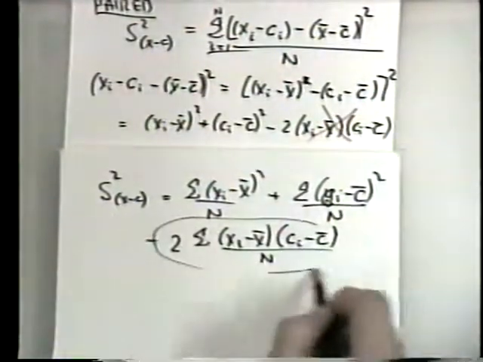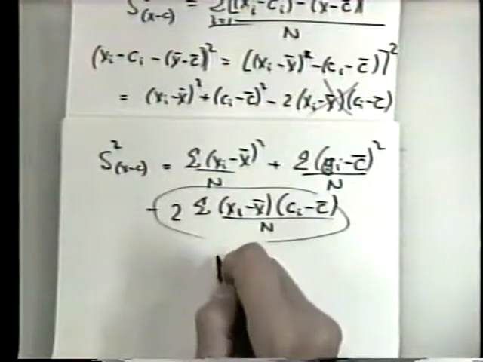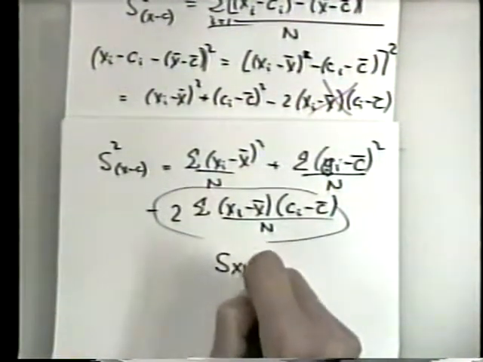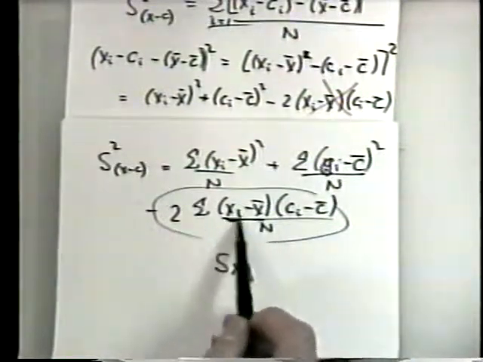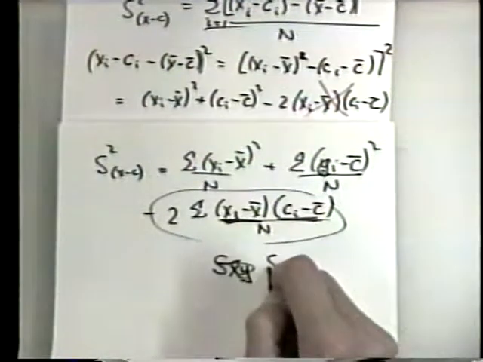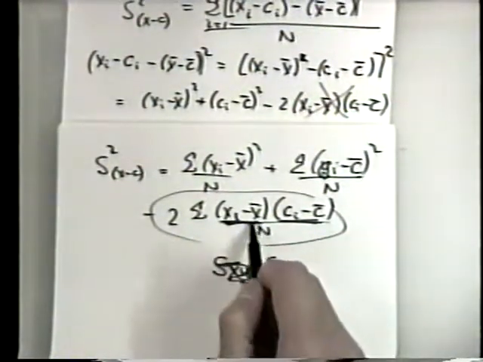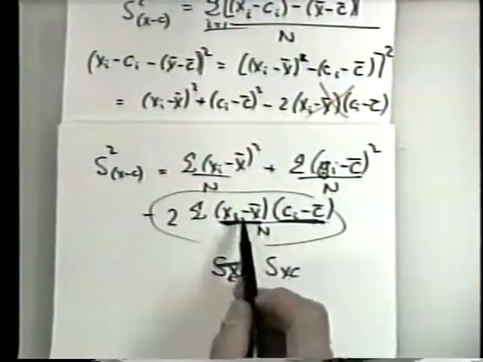This term is related to something which is called a covariance, and for the moment I'll just write it as SXY. This is kind of like the standard deviation combining the experiment and control.